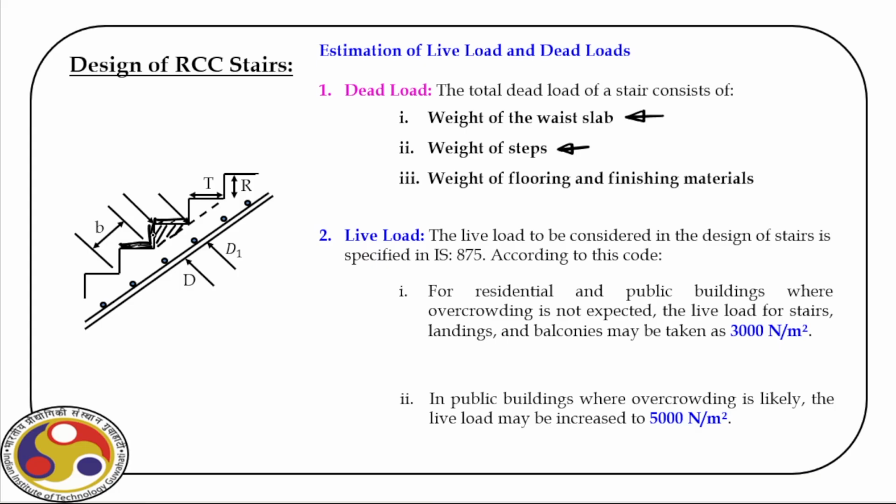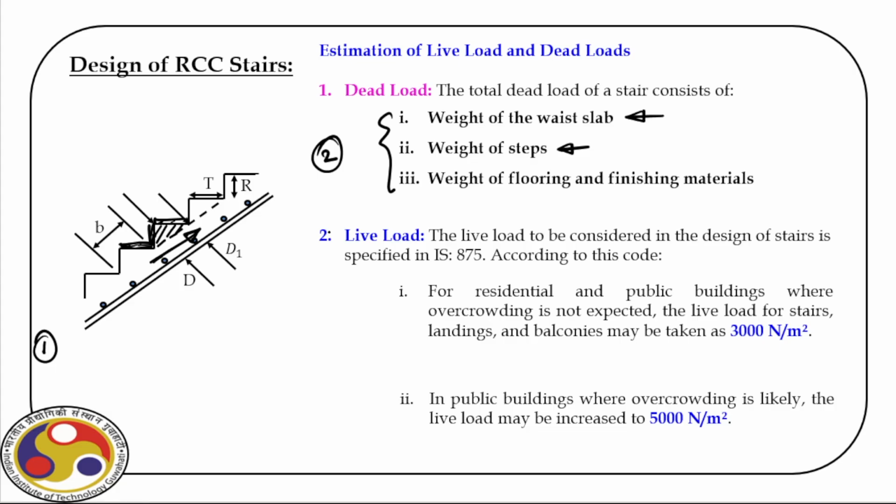We also provide some additional cover. And then when we calculate the dead load, we have to consider all of them, because all of them will contribute to the dead load of this slab spanning between two supports, say one here and two here. We'll see in a minute how we can calculate these dead loads.